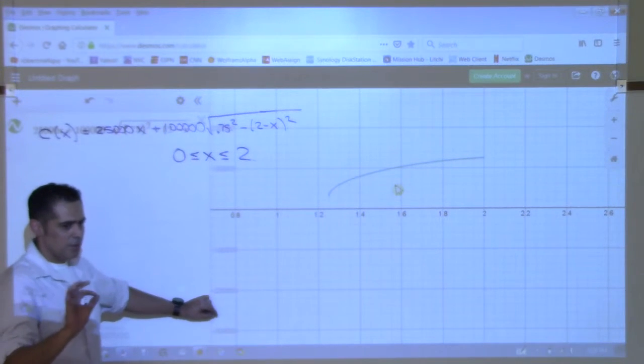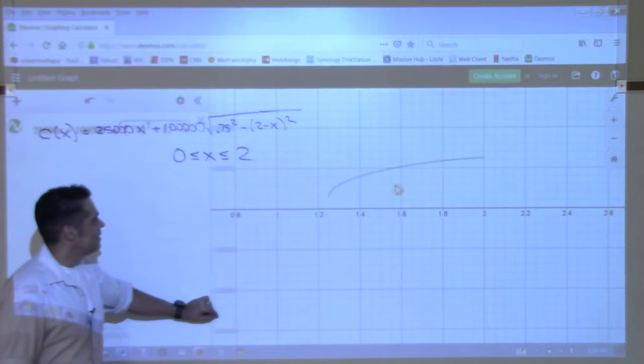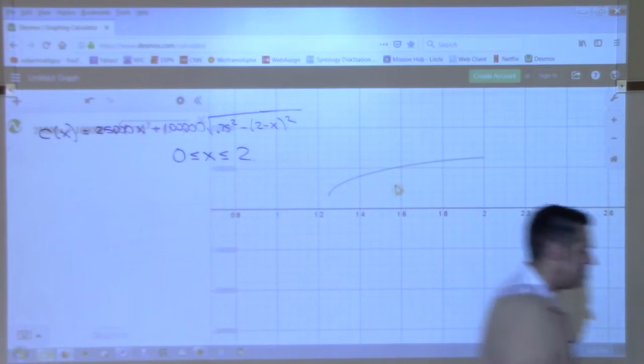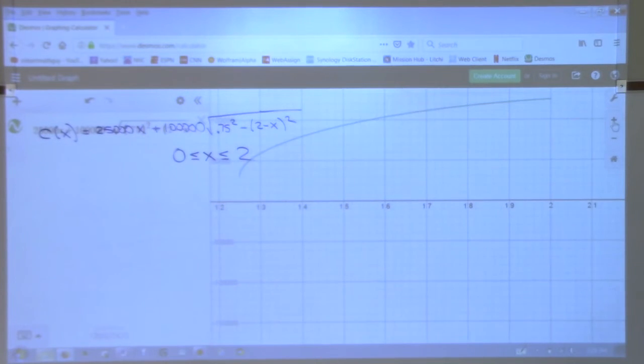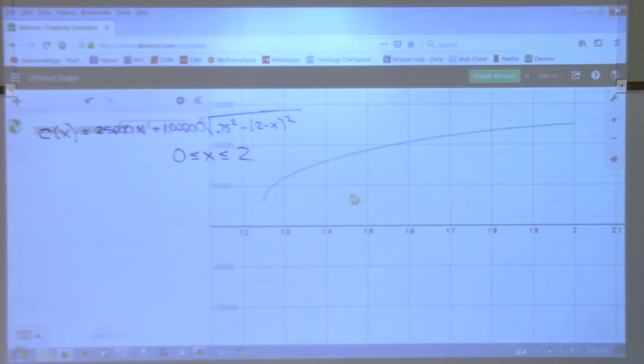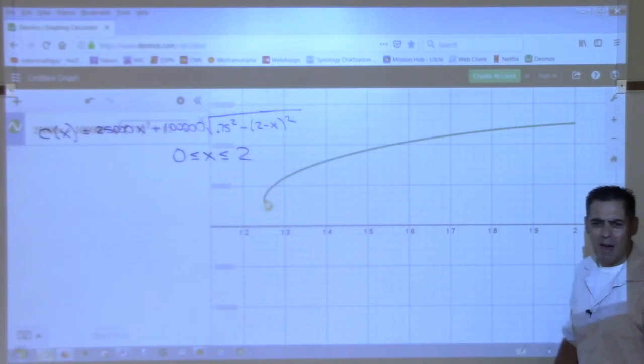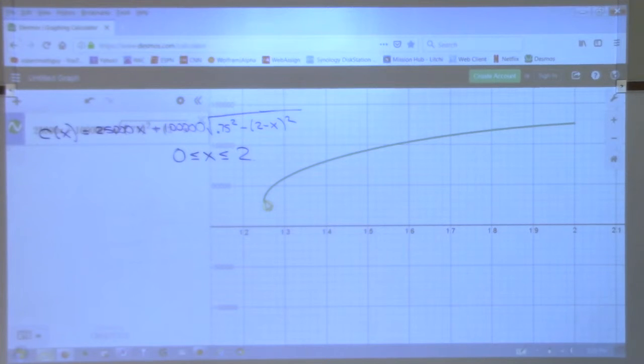I'll double check to make sure all the math is good here, because I just made this problem up and I don't think I made any mistakes, but it appears here that our minimum is where? 1.25. X is 1.25.